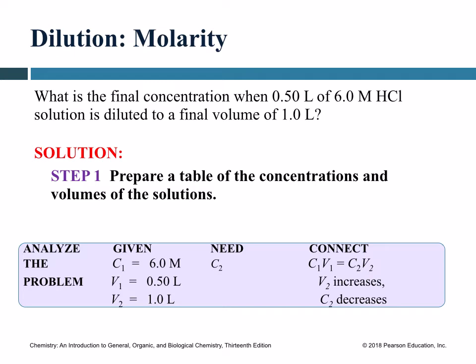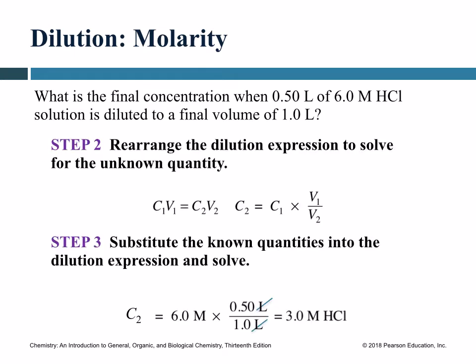So C1 times V1 is equal to C2 times V2. Rearrange the equation to find C2 and substitute the given quantities to solve the problem. Check the significant figures and confirm that the concentration is smaller, since after dilution, volume increases, concentration decreases, and moles of solute remain the same.